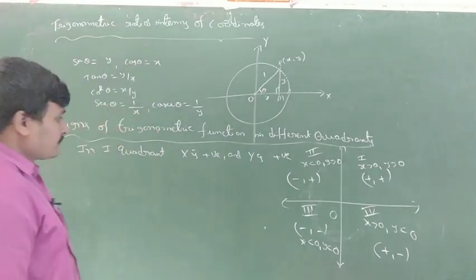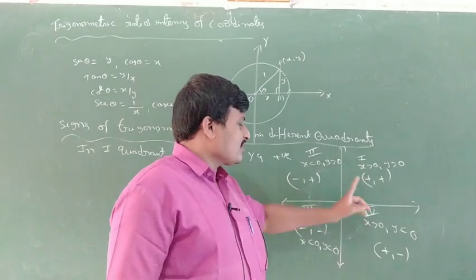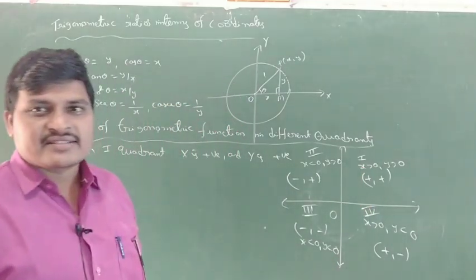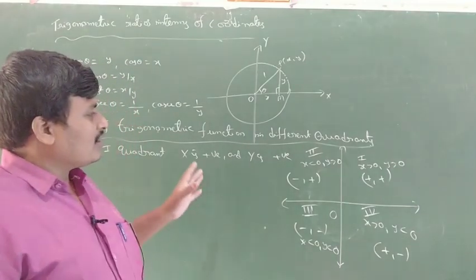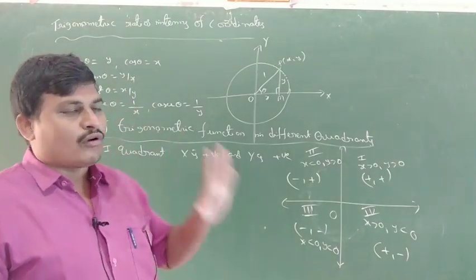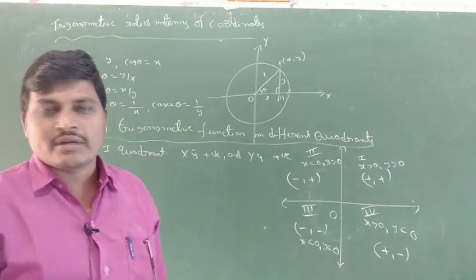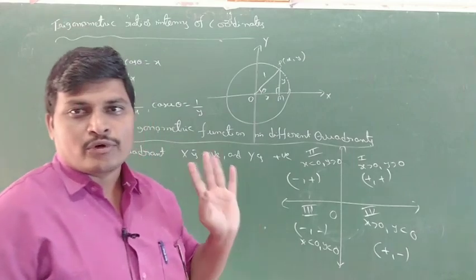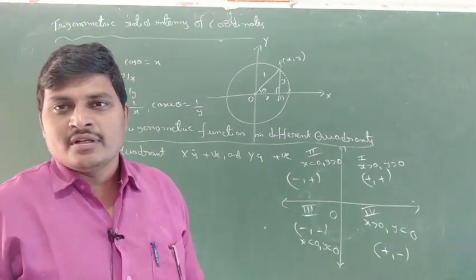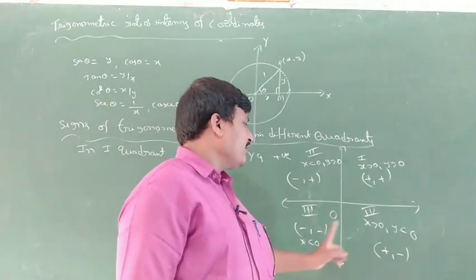The next one is already discussed. The coordinate axes, x axis and y axis, divide the plane into 4 quadrants: first quadrant, second quadrant, third quadrant, fourth quadrant.